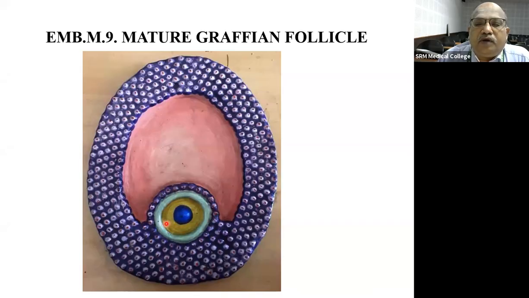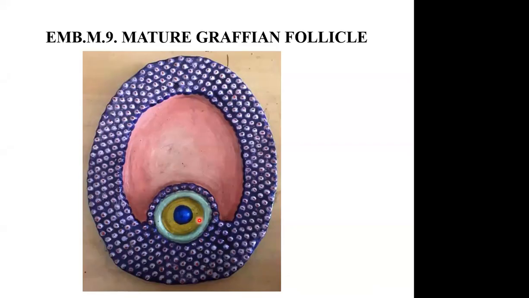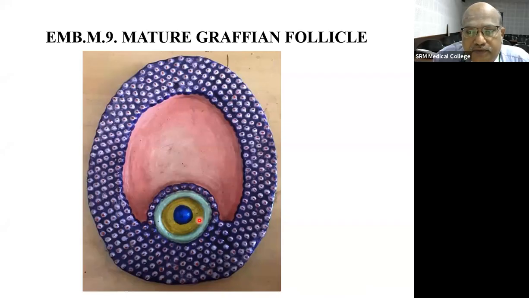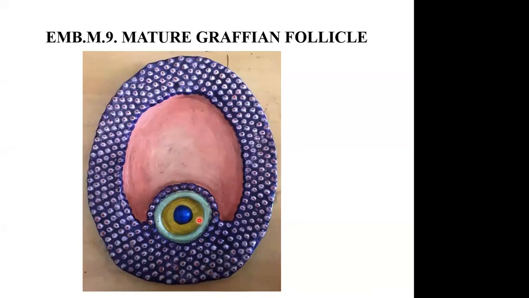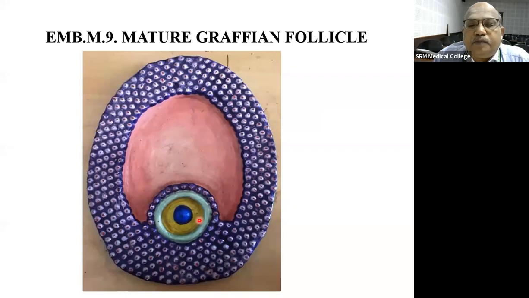How do you say this is secondary oocyte? Very good answer, but it is wrong. Why do you say it is secondary oocyte? To say secondary oocyte, what should be there? First polar body. There should be a first polar body in the perivitelline space.